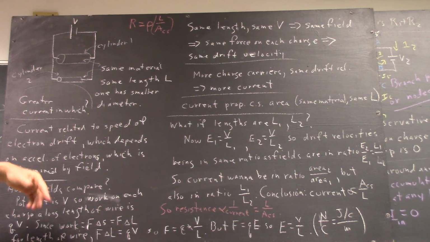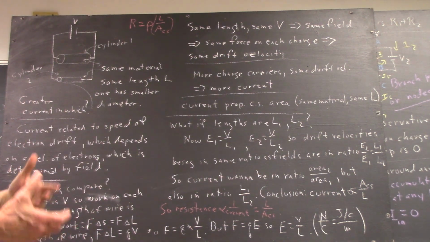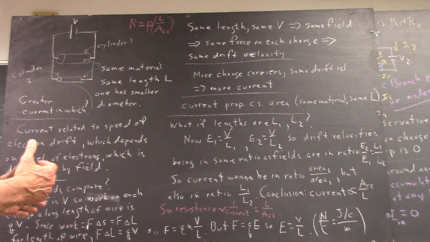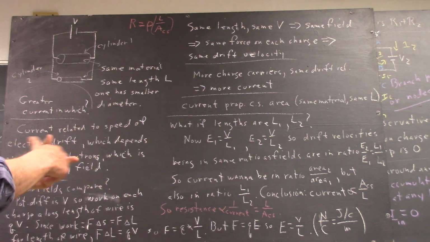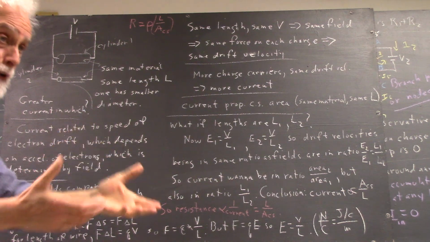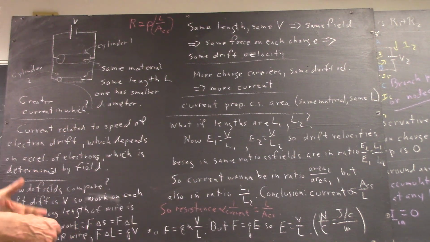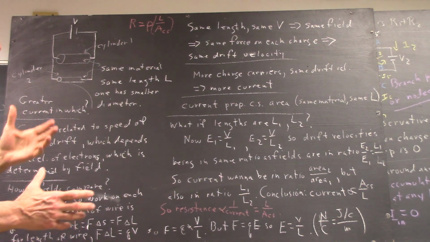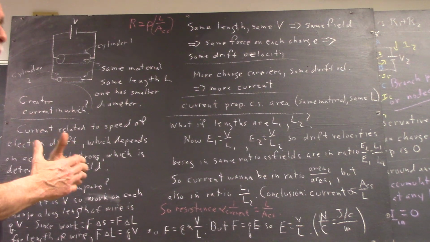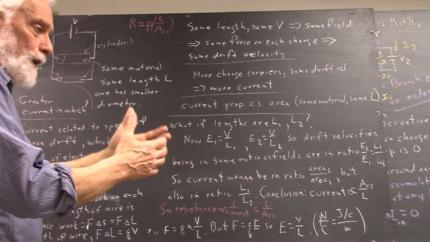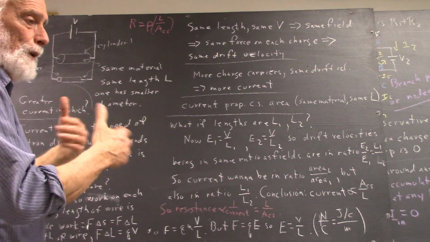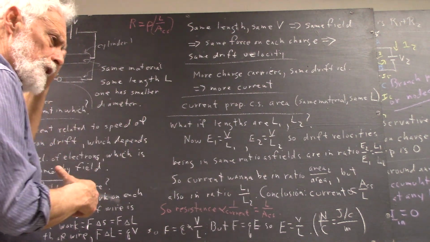Remember, the electrons form a cloud, and it's not quite accurate to say this, but we can think of it as though the electrons are free to move around anywhere in the solid, but they can bounce off of other electrons and off of atoms. So they don't get very far when they're accelerated before they bounce in a direction that might well be opposite to the direction of acceleration.